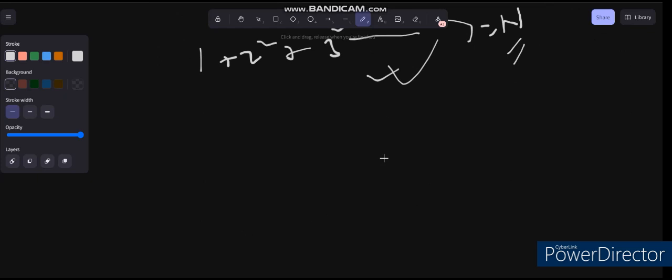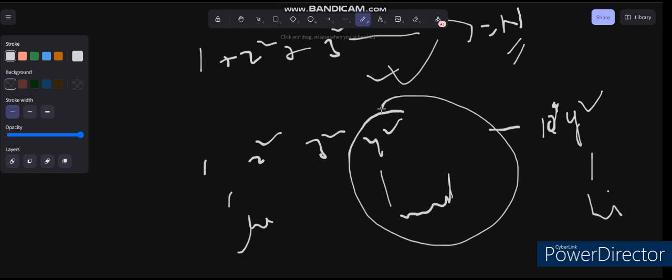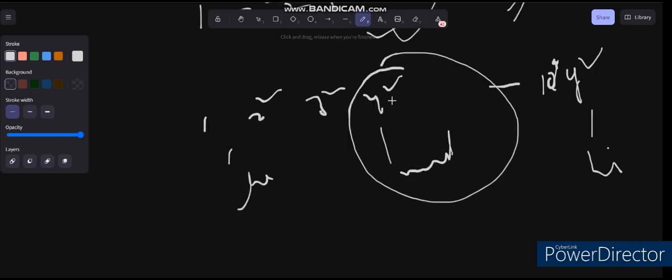How? First, like 1 square, 2 square, 3 square, 4 square, till the y value, supposed to be 10 to the power 4, that's y square. We'll take low here and high here, and take the middle element. We'll compare mid square.